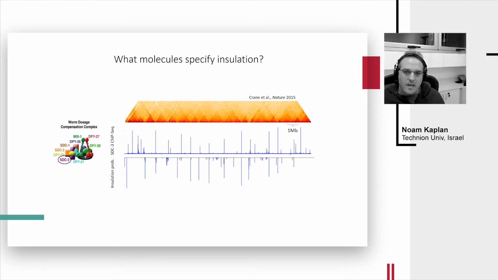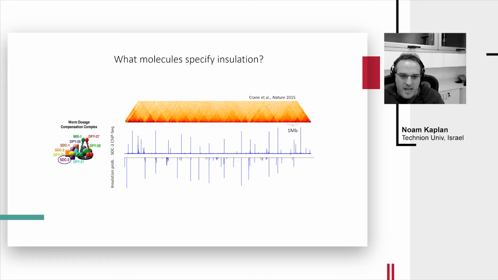So what molecules, for example, specify insulation, right? You already heard a little bit of this, but first of all, when we started, this was initially before even loop exclusion, but we know that there are different events, especially now if you look in different species, that might specify what the boundaries here are, right? It could be CTCF.